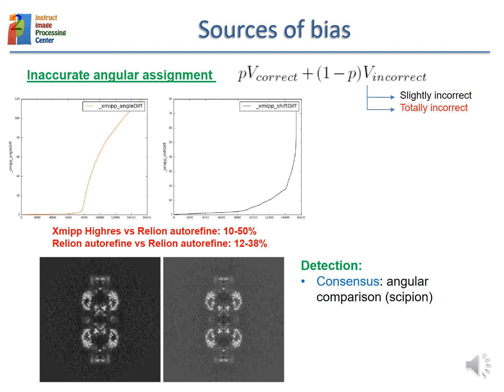And again, unless you run these things multiple times, ideally with different algorithms, and have a tool to make the angular comparison, which again is available in Cryosparc, you wouldn't be able to say which images have been correctly assigned and which have not.